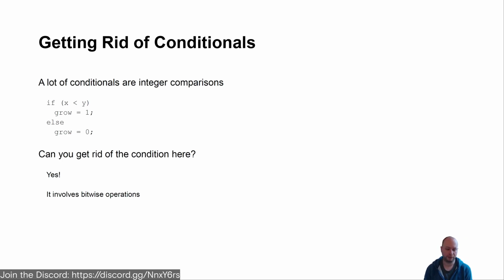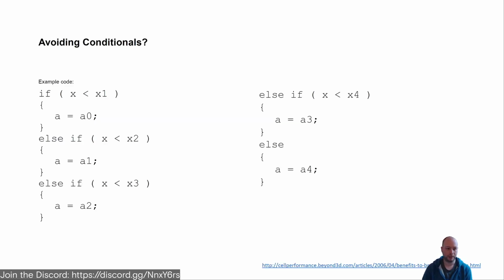On many ALUs you have a comparator function, so it's going to evaluate x minus y, x less than y, set that in a register, and then pass it to grow. So that alone is one way to get rid of this branch. But it's not entirely true on all CPUs, because if you don't have a comparator function, you may not get that benefit. There are other ways to do it, like with bitwise operations.